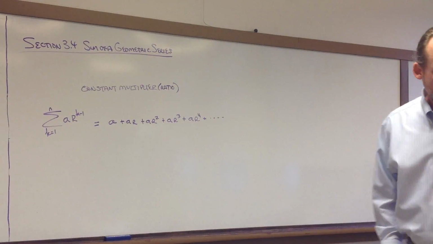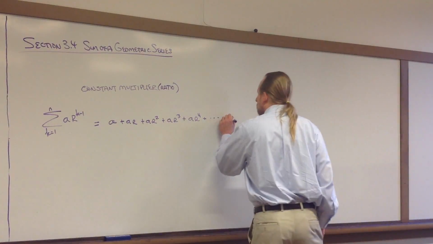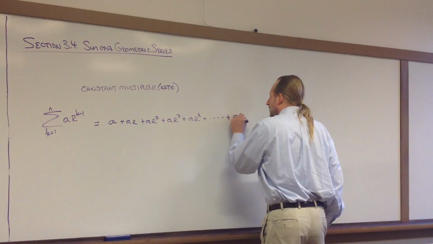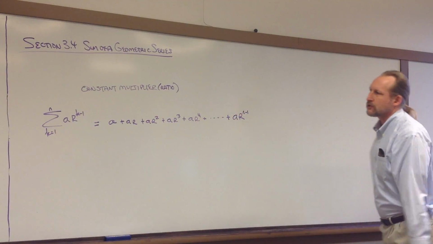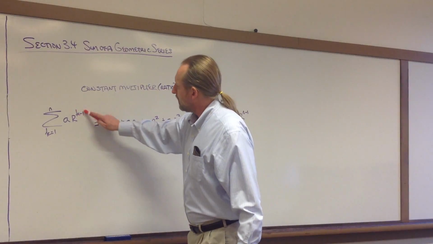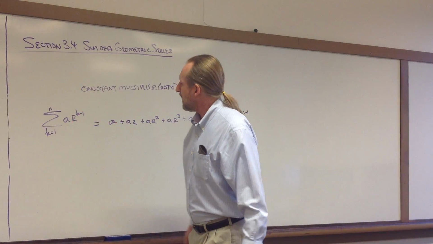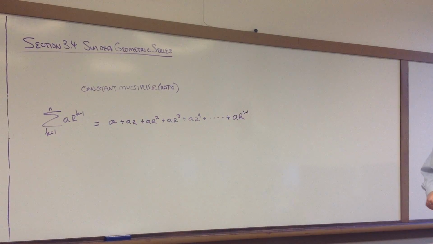So let's work on finding the sum of a finite geometric series. This last term will be ar to the n minus 1. We start k at 1, so this is k minus 1. The first term is a, and then we have this final term, a times r to the n minus 1.